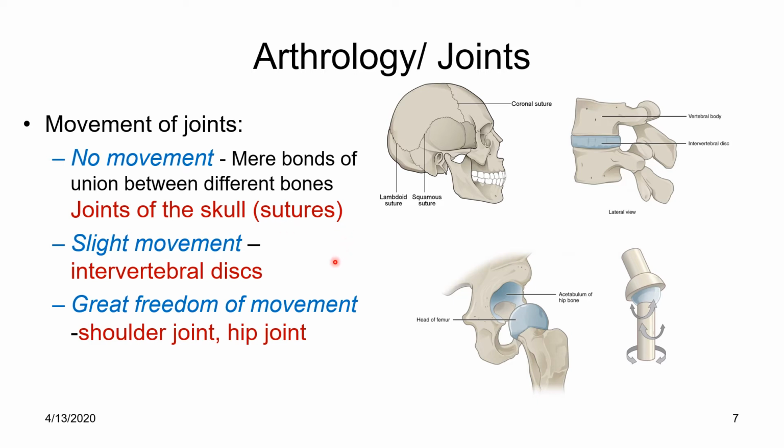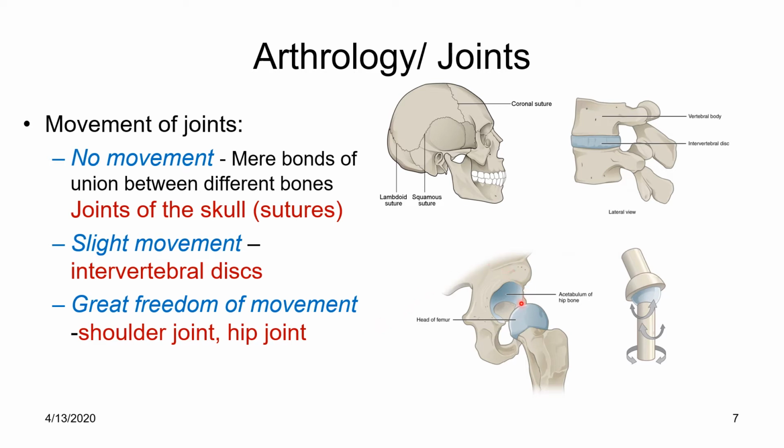Then there are some places where there will be slight movement. If you observe the vertebral bodies, between which there are intervertebral discs, in this vertebral column there is slight movement. Then there are certain joints where there will be great freedom of movement.